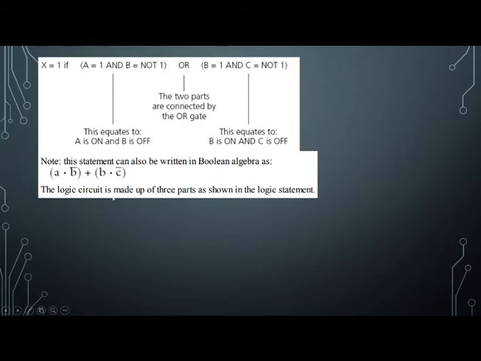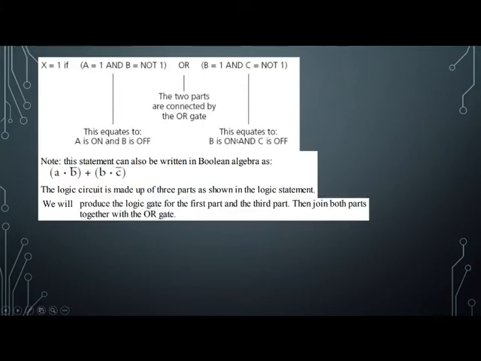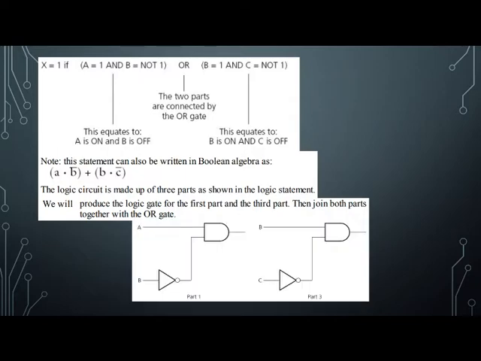This logic circuit is made up of three parts as shown in the logic statement: 1, 2 and 3. So we will produce the logic gates for the first part and the third part, then join both parts together with the OR gate to get the final result. How can we draw?